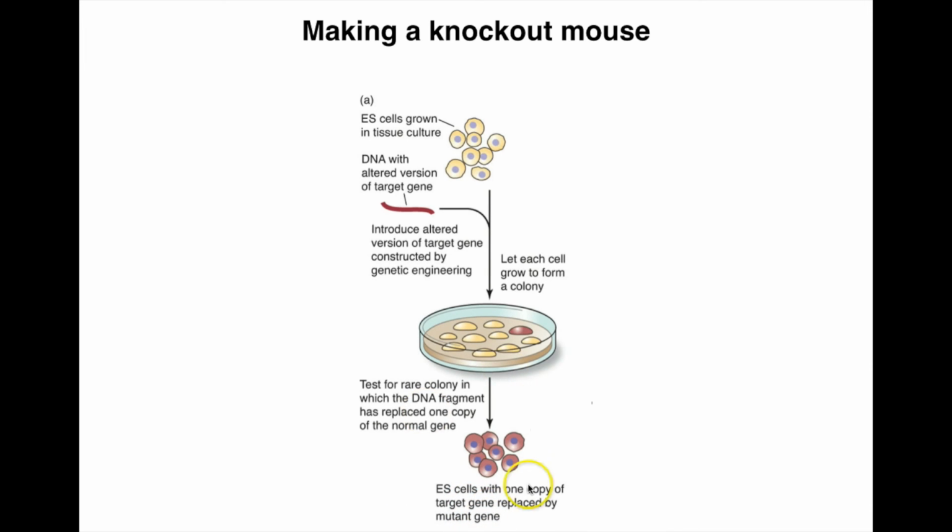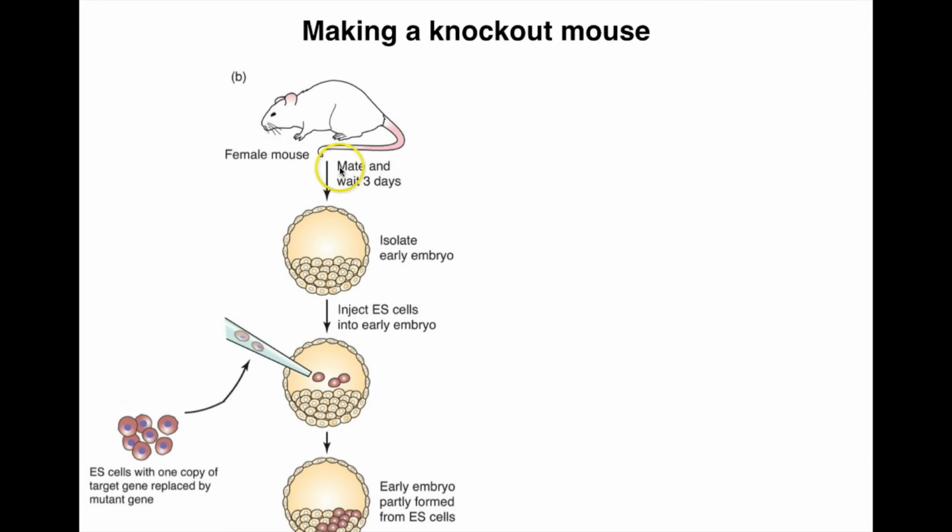We take these cells and inject them into an early embryo that's harvested from a female mouse. The stem cells go into the embryo and are integrated, so the early embryo is partly formed from the embryonic stem cells.